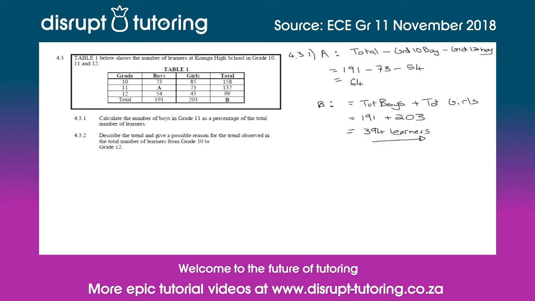Okay, now we need to find out the percentage. So over here it says find the percentage of grade 11 boys, which is marked as A, out of the total number of learners, which just so happens to be B. So our percentage is going to equal A divided by B multiplied by 100 to get it into percent.